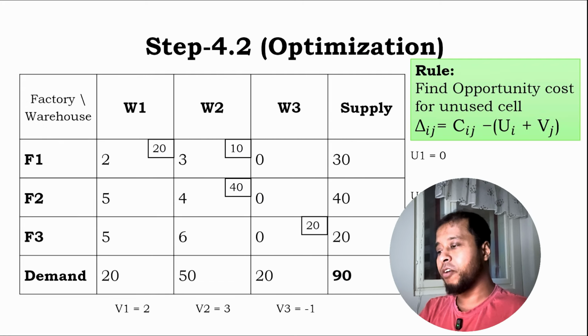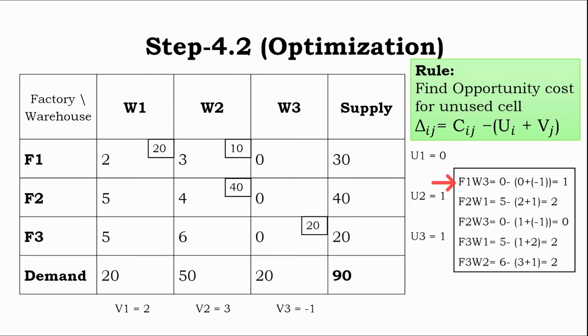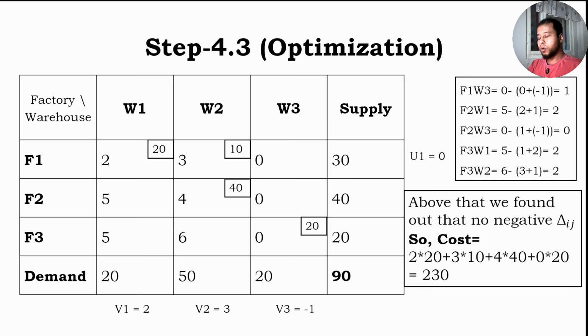So here F1W3 equals 0 minus 0 minus 1, which is 1, F2W1 is 2, F2W3 is 0, F3W1 is 2 and F3W2 is 2, which concludes that there is no negative opportunity cost. So the optimum cost would be 2 multiplied by 20 plus 3 multiplied by 10 plus 4 multiplied by 40, equal to 230.